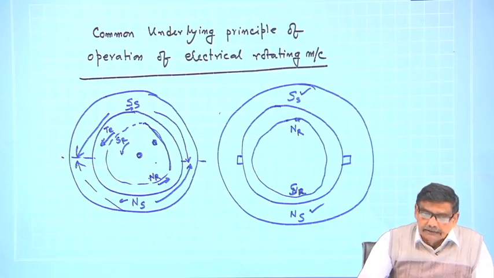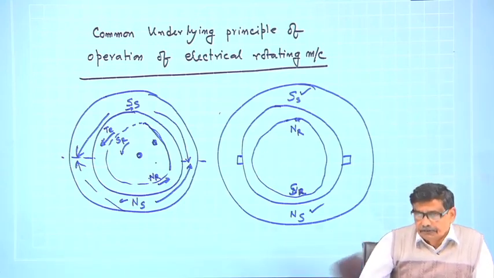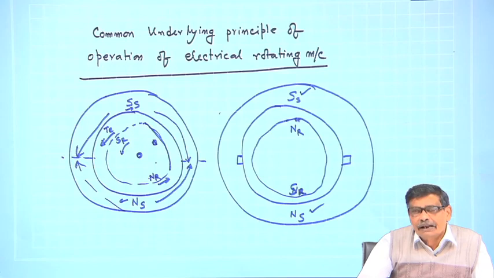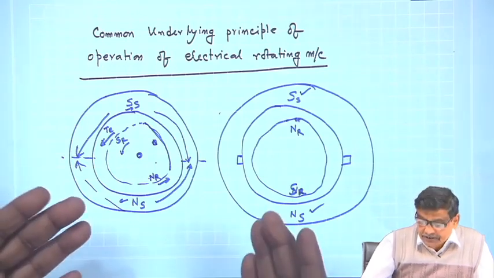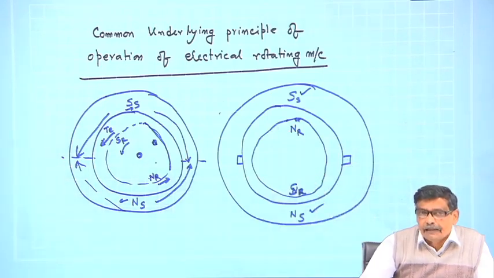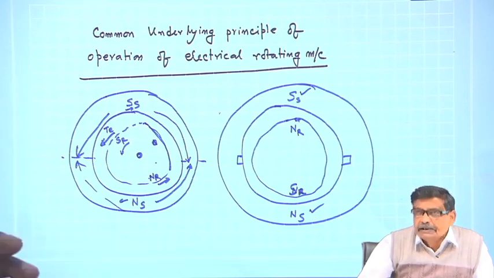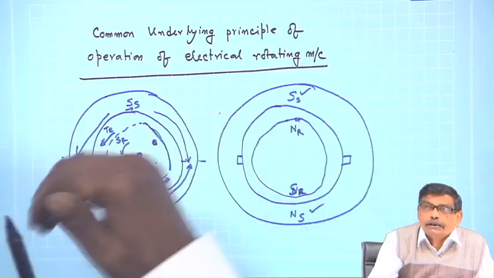The idea is, we will see after a few lectures that your coils may be stationary and carry current. So, it looks like it will produce a stationary magnetic field, but it is possible that stationary coils carrying currents will produce a rotating magnetic field.